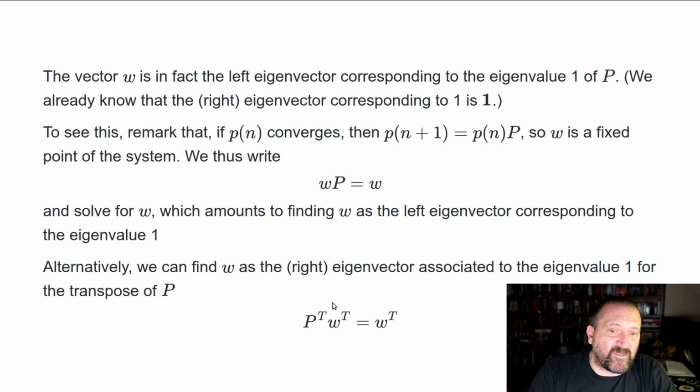And I'll point out that sometimes if you're looking for left eigenvectors, you might be using a numerical solver that only knows how to do right eigenvectors, in which case it's very easy to do. If you can only compute the right eigenvector, you simply compute the eigenvector corresponding to the transpose of the matrix, okay? Because if I transpose this whole equation, I get what I want.